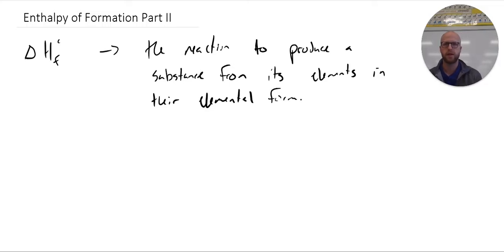Okay, so that's what delta H of formation is. We're getting an element or compound from elements in their elemental form. Sorry, 1 mole. Okay, so let's produce 1 mole of a substance from its elements in its elemental forms.